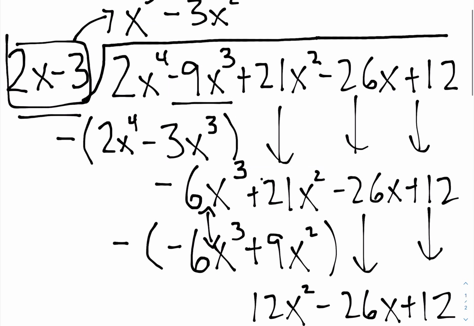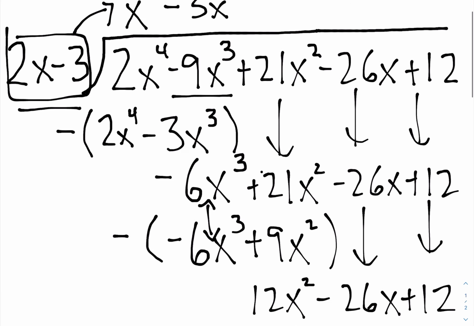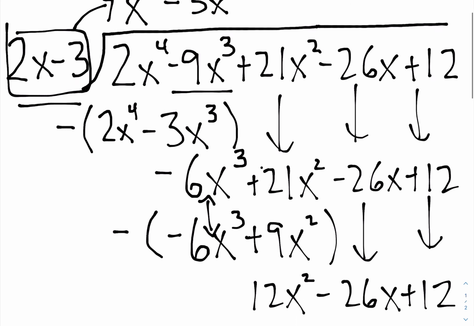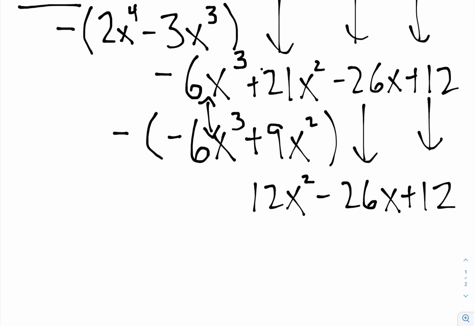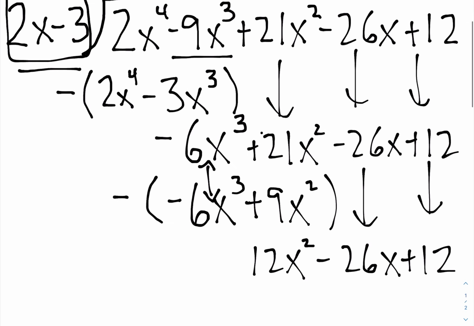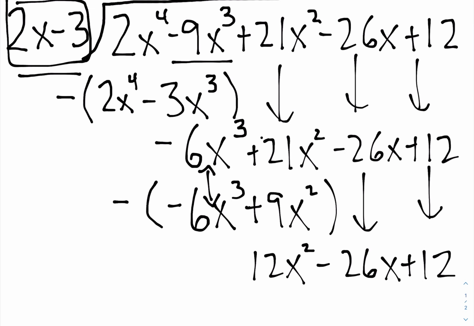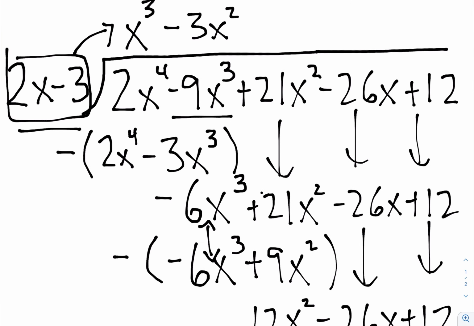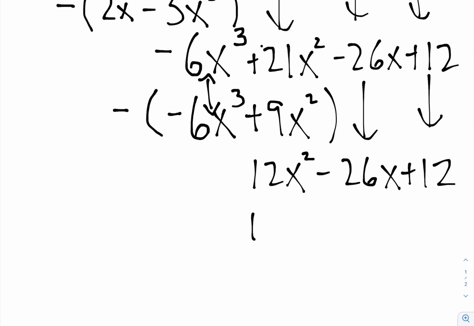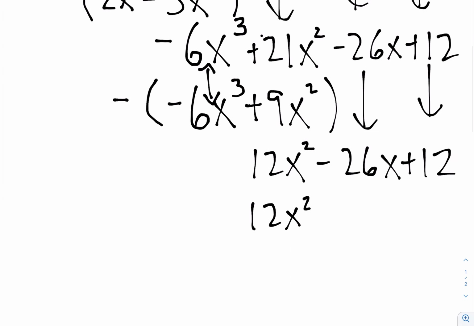You ask how many times 2x minus 3 fits into our next first term, 12x squared. If we want to get to 12x squared, we have to multiply by 6x, so we're going to have a positive 6x up here. If we multiply 2x minus 3 by 6x, we get 12x squared, and 6x times negative 3 is negative 18x.